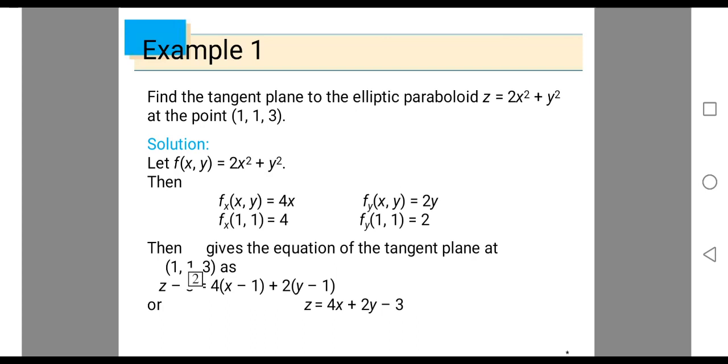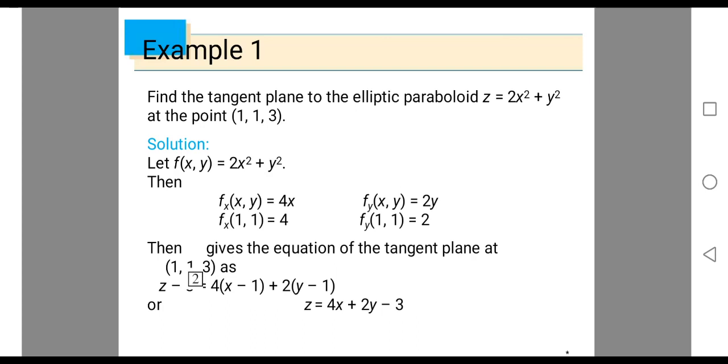For the y squared part, when we find fx, it is a constant, and whenever we take the derivative of a constant, it is 0. So 4x is our fx. Now fy would be 2y. We take the derivative of y squared, which is 2y, and we consider the 2x squared part as a constant, which is 0.